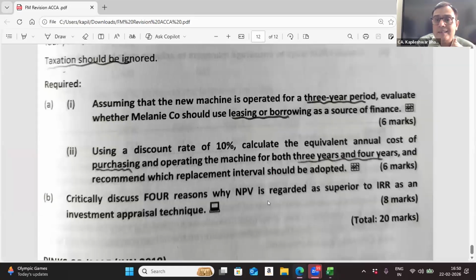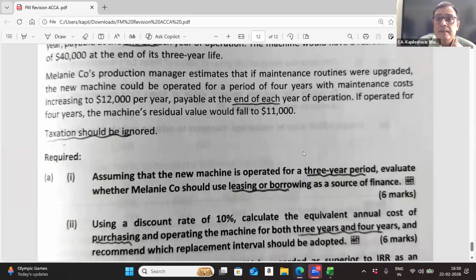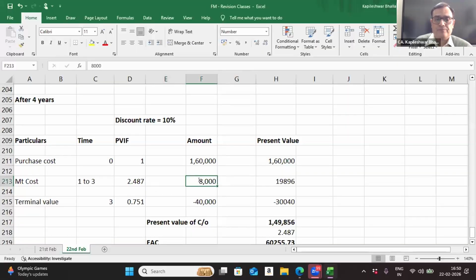Maintenance cost, I think he said, is going to undergo a change. It says the maintenance manager said that if you're going to use the machine for 4 years, the maintenance cost will be 12,000 per annum payable at the end of each year. So this will change to 12,000. And we need a 4 years factor now.